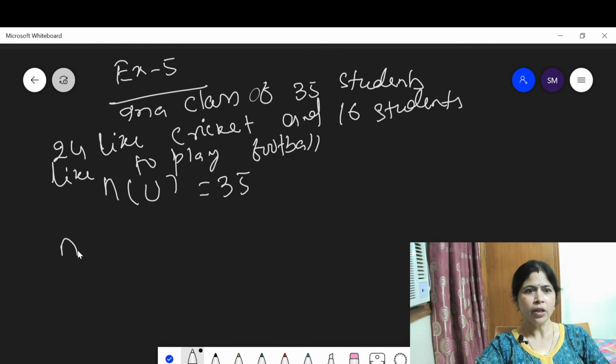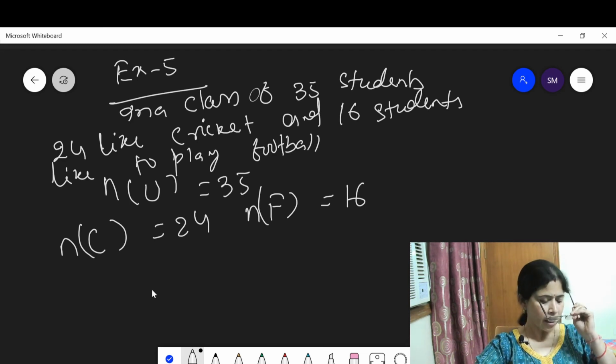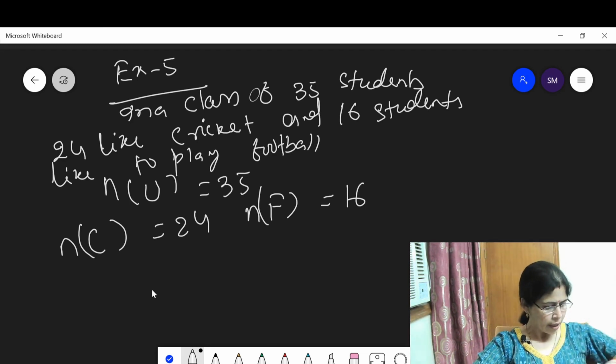Then the number of students n of C is equal to 24. n of F, the number of students who like football, is 16. Then we have to find out how many students like both cricket and football.